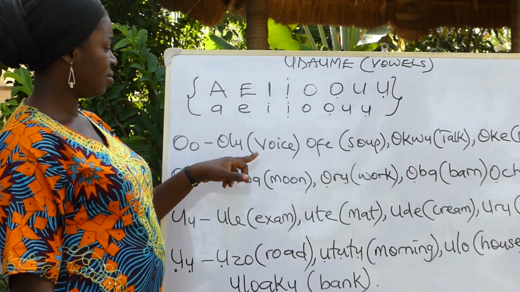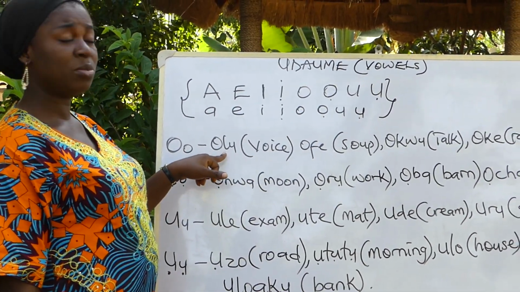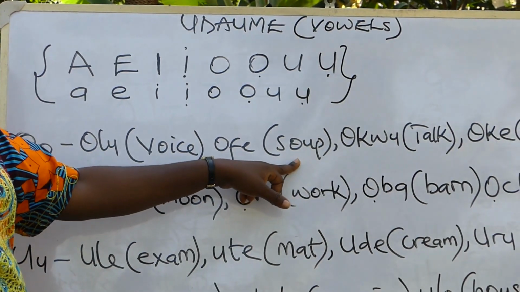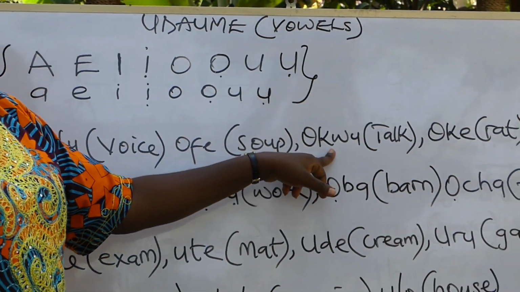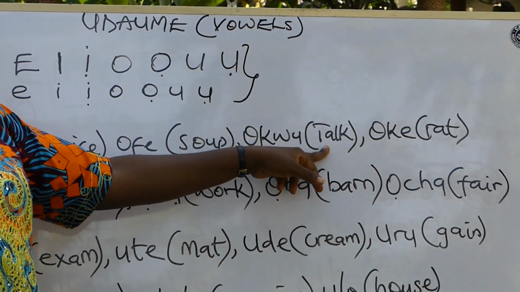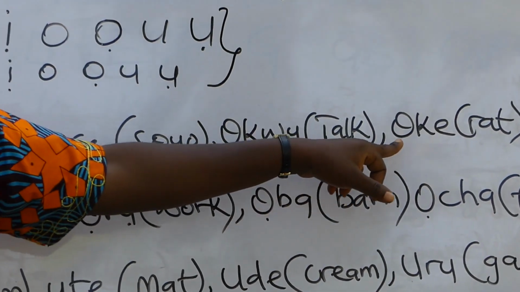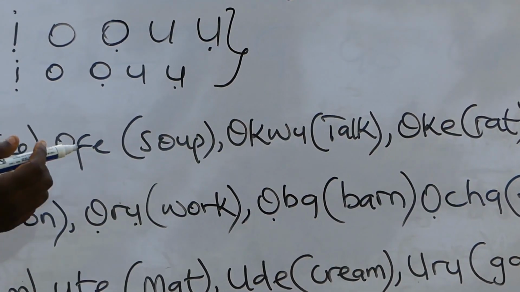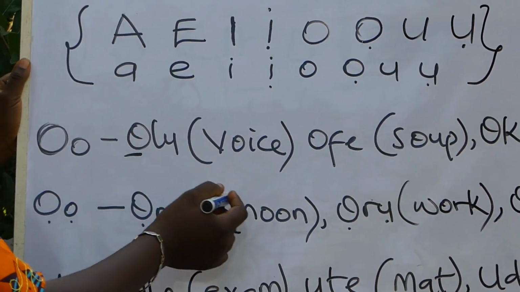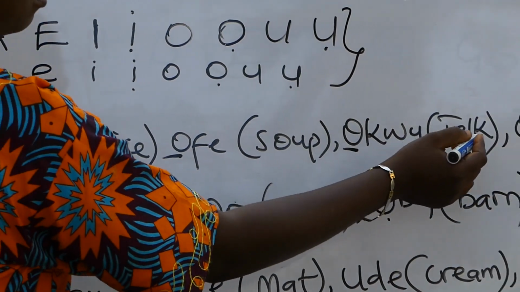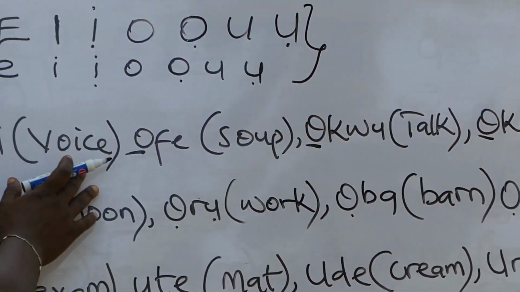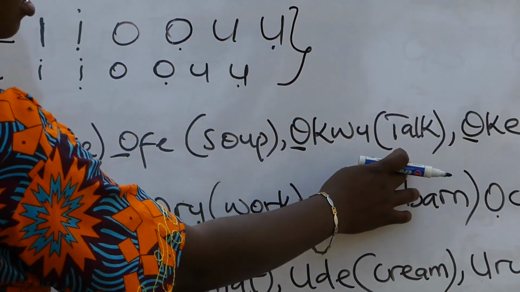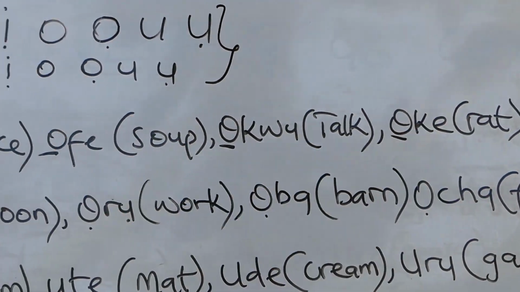Ihu, it can be O. Olu, voice. Olu in Igbo is called voice in English. Ofe, soup. Oku, talk. Okay, rat. Remember we are talking about the voice, the Udaume O. So the O is being marked. We have olu, voice. Ofe, soup. Oku, talk. Okay, rat.